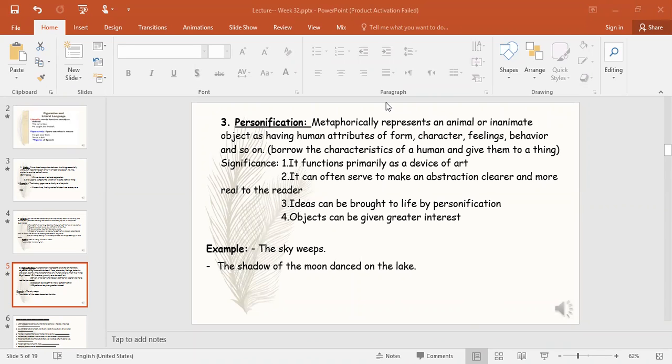Tell me, why is this a personification? What did we borrow from a person? Whom did we give this action of a person? The same way I explained it. Yes, Zahra.